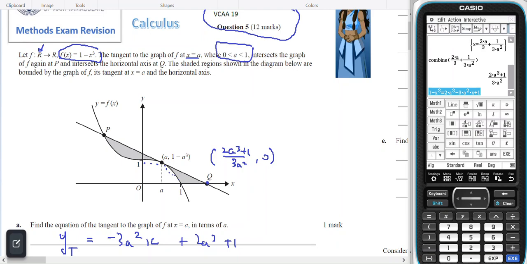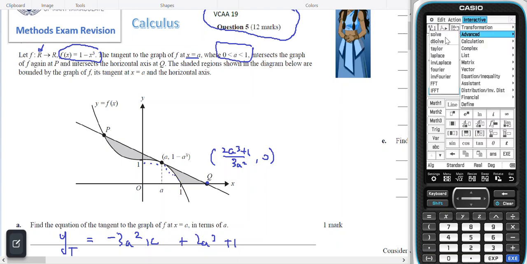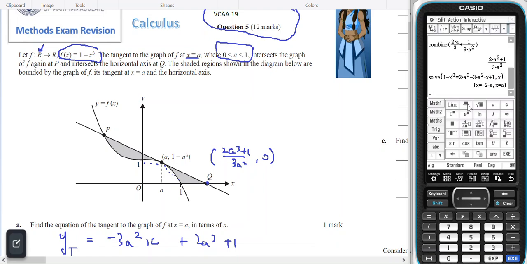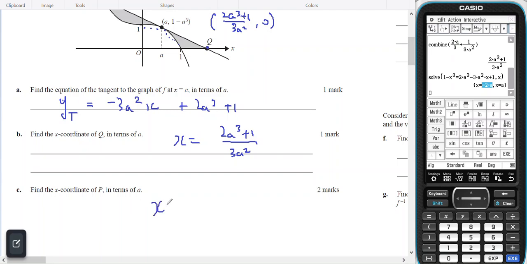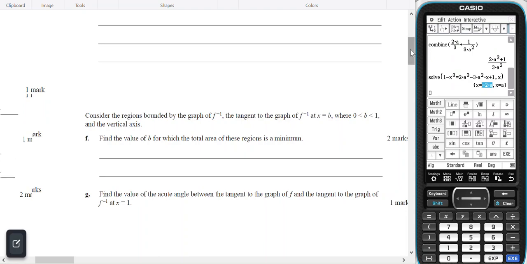Now I know there'll be one answer and it will be at a. And that made sense, x equals a, because I knew that x equaled a, that was one of them. So the other one is minus 2a, so it's going to be the x-coordinate, x equals minus 2a. So that does a, b and c.